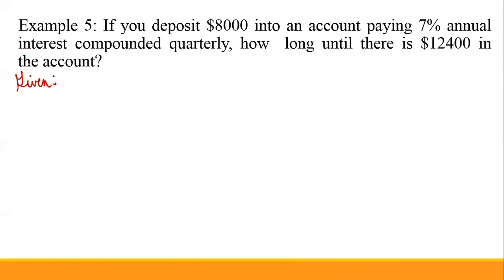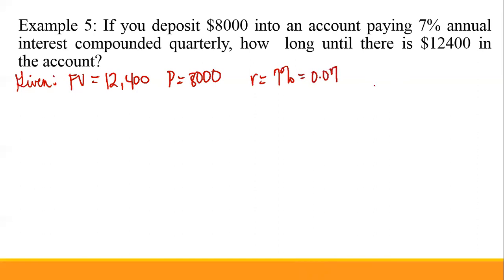So we have the following given, the future value. So para ma-accumulate daw natin si 12,400 by depositing our principal na 8,000, paying our annual interest rate of 7%, with number of times compounded per year is 4 kasi nga quarterly, so 4 na beses.